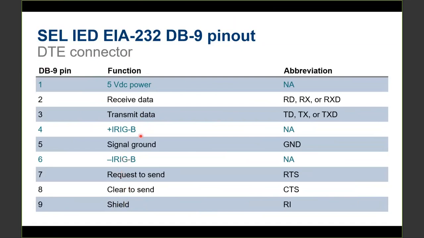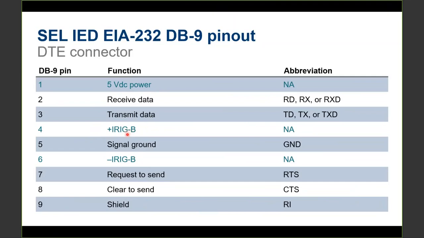The only thing that's different is we commandeer these pins 4 and 6 to transmit an IRIG signal. So we transmit the IRIG signal on pin 4, and then the IRIG signal ground is on pin 6. And so that way we can actually perform another function using the same serial cable.